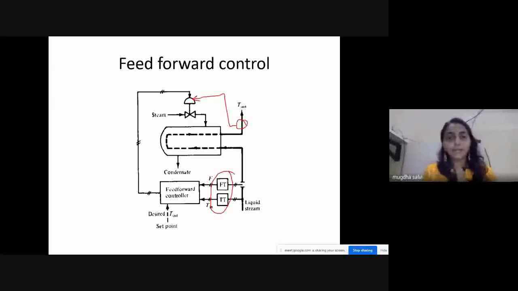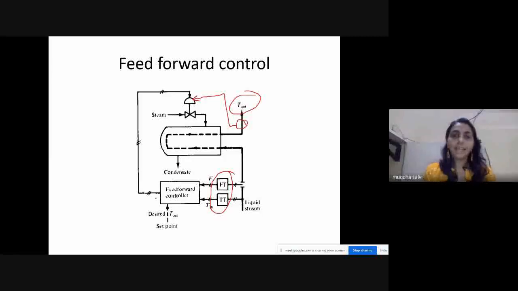Now, depending on these various values, I make a mathematical model of this particular system. When I pass the values of F and T to it, it will generate some value for this T out.